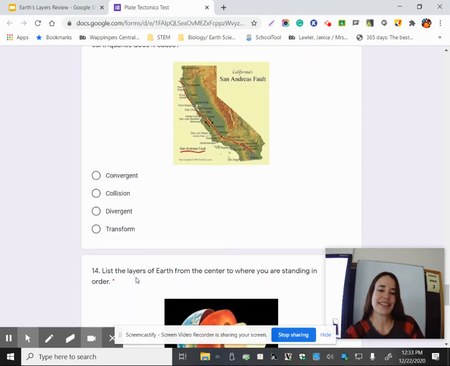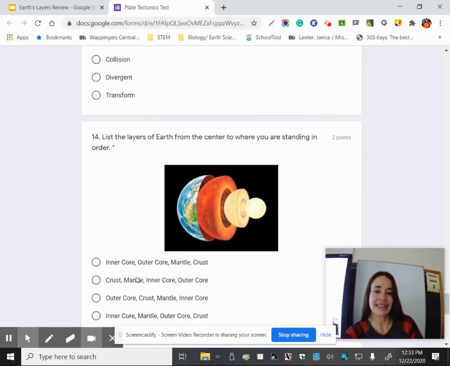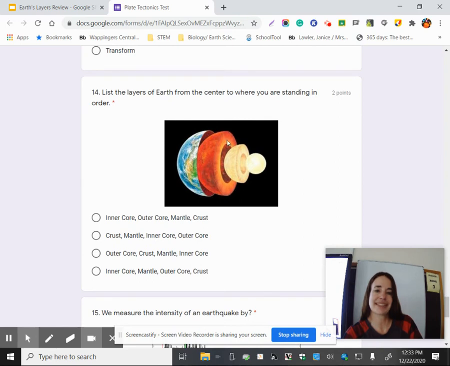And number 14, list the layers of the earth from the center to where you're standing in order. So we're going from the center out. What is the order from the center out? Is it the inner core, outer core, mantle, crust? Is it the crust, mantle, inner core, outer core?